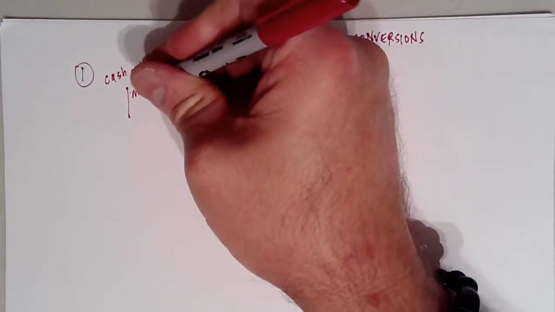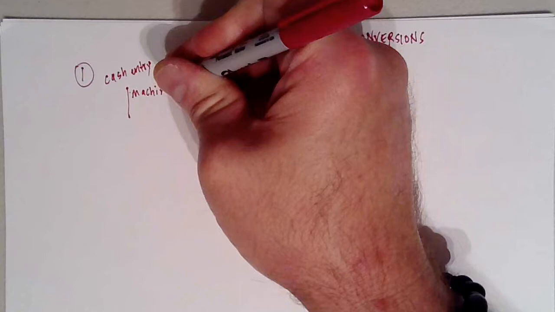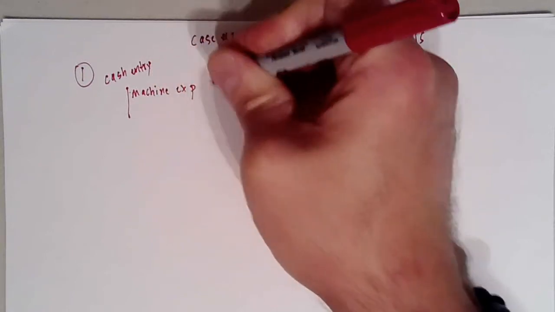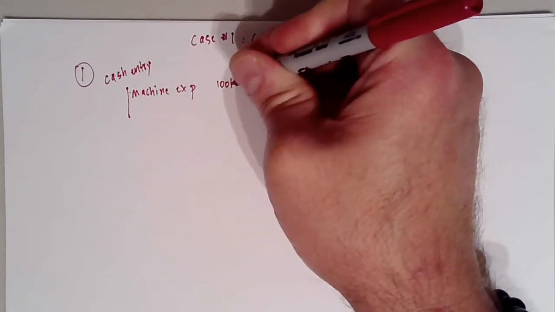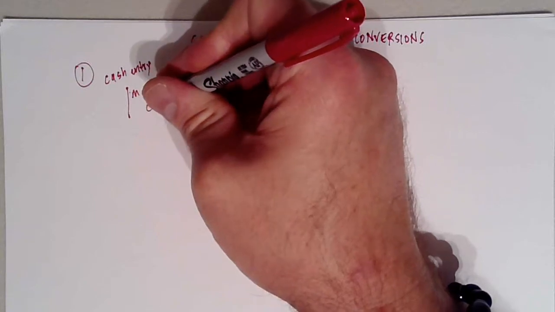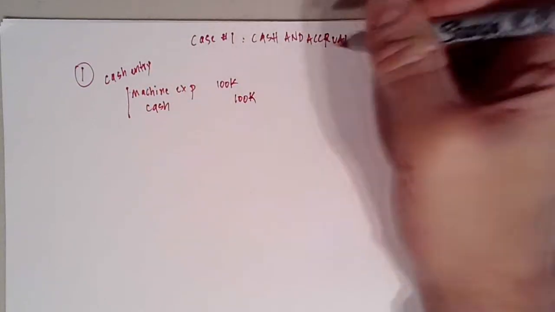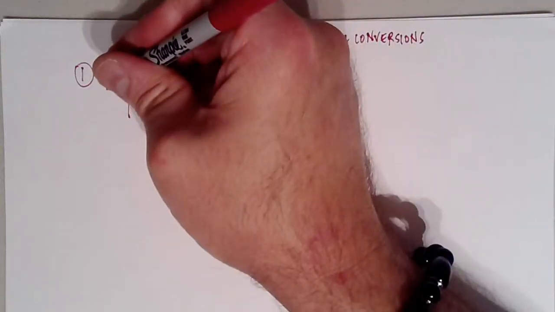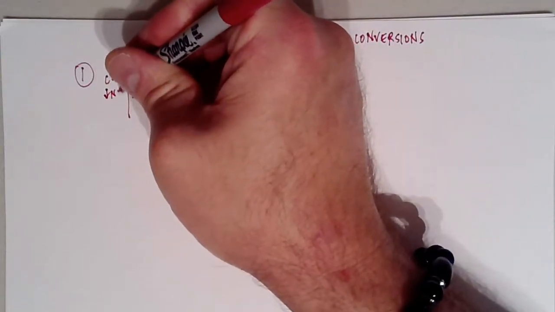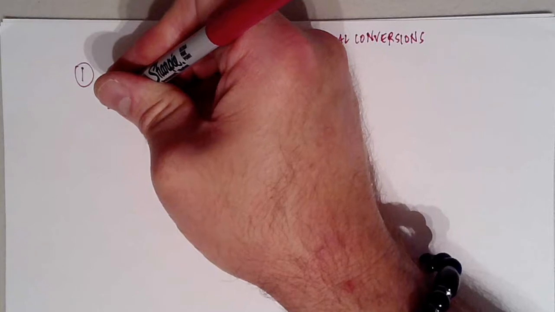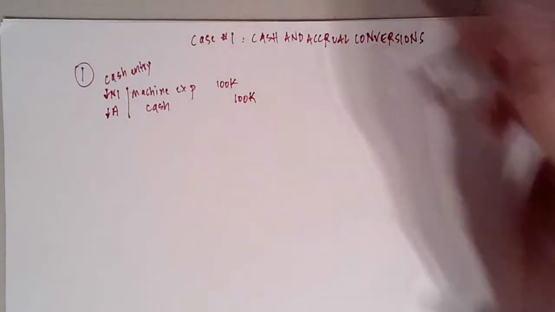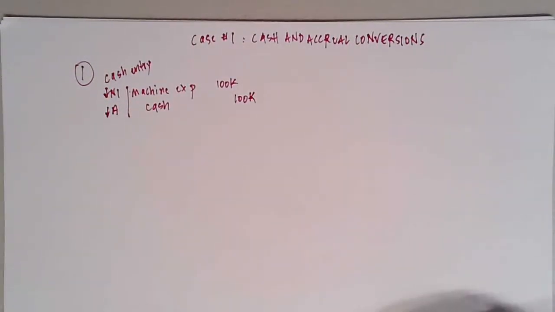So we have machine expense for $100K in this case, and we have cash going out. And of course, this is that faulty cash basis system, which records the entire cash expenditure as net income right away, and the reduction in our cash asset.